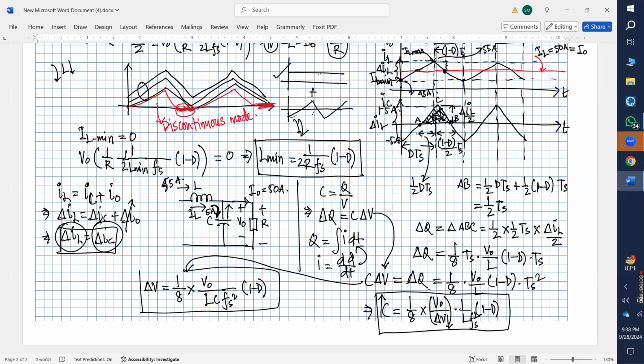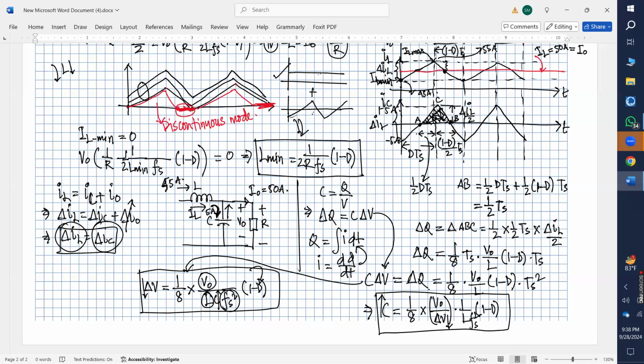Yes, sir. So suppose your output is constant, your L is constant, your switching frequency is constant, and your D is constant. So in order to keep the ripple of the output voltage small, what do you need to do? Sir, increase the capacitance. Increase the capacitance.